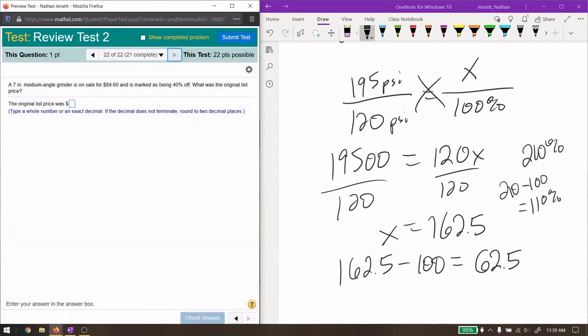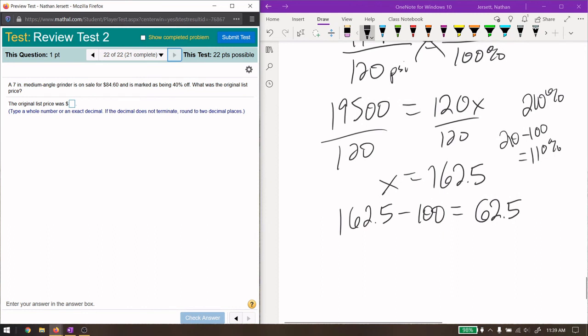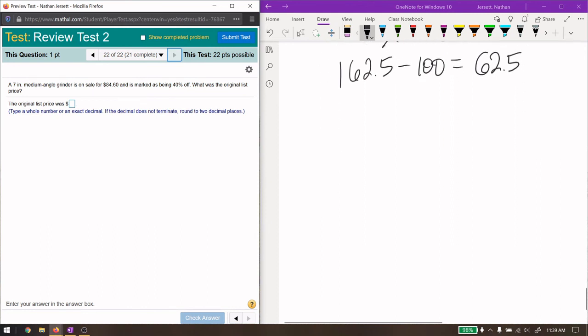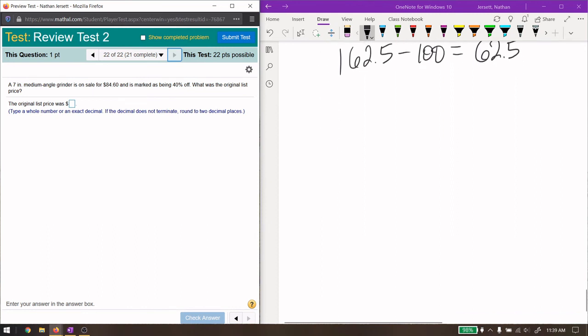Last problem. Medium angle grinder on sale for $84.60, and it's marked being 40% off. What is the original list price? So it's on sale for $84.60.